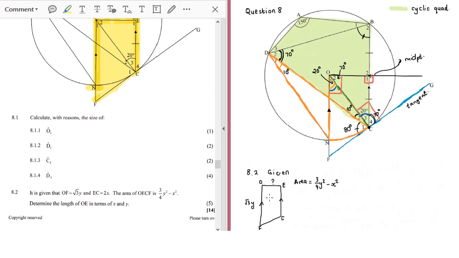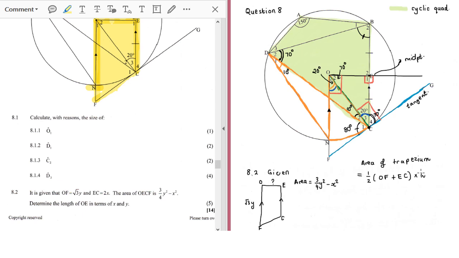So this is basically now just going to be solving an equation. We know that the area of the trapezium is equal to half the sum of the two parallel sides, so half of OF plus EC, that's the sum of the two parallel sides, times the perpendicular height.